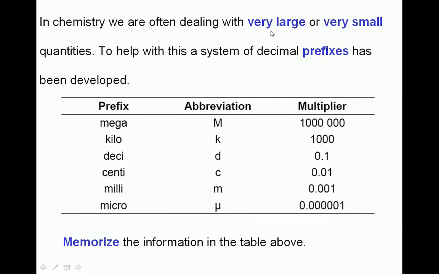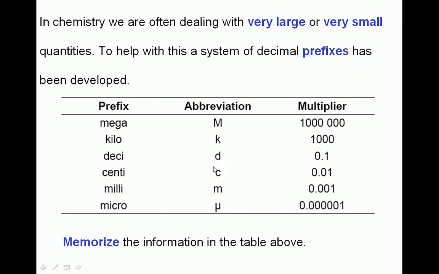So in chemistry we're often dealing with very large numbers or very, very small numbers, and to help with that, a system of prefixes that can be placed before units has been developed. These prefixes serve to multiply the unit that follows. So the prefix mega, which has the abbreviation uppercase M, means multiply what follows by a million. Kilo, which has the abbreviation lowercase k, means multiply by 1,000.